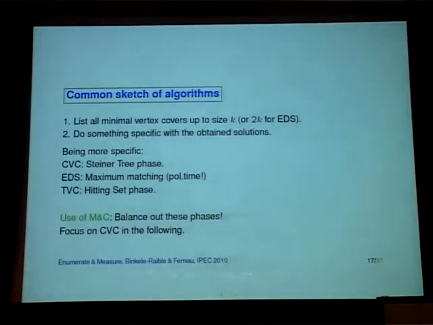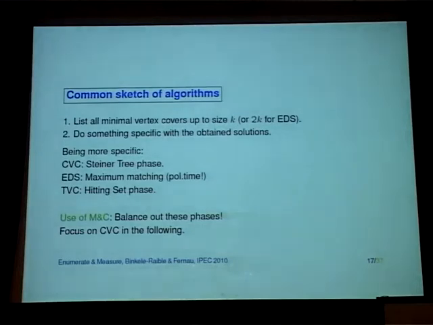In case of edge dominating set, you can apply some maximum matching techniques, and actually that's polynomial time, as you know. And in case of DVC, you have some sort of fitting size set phase afterwards. So this makes all these algorithms look quite alike from above. And the use of measure and conquer is, amongst others, to balance out these phases.